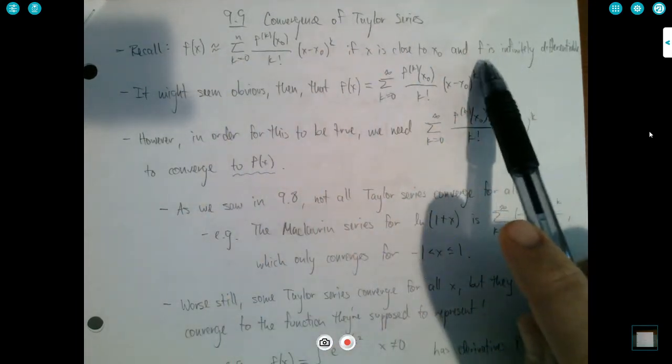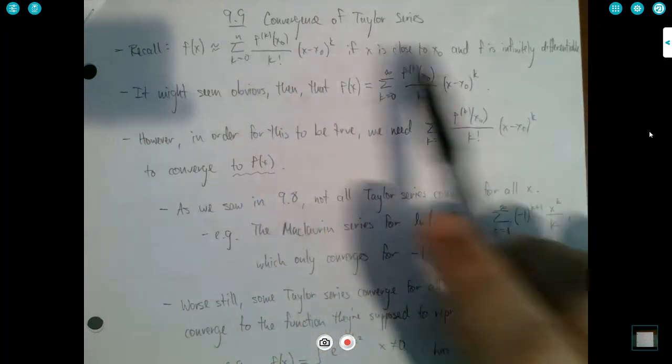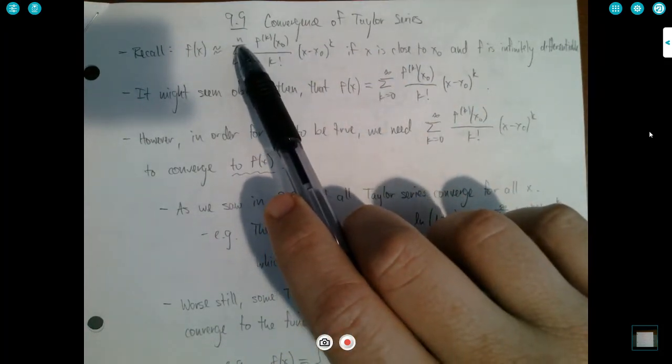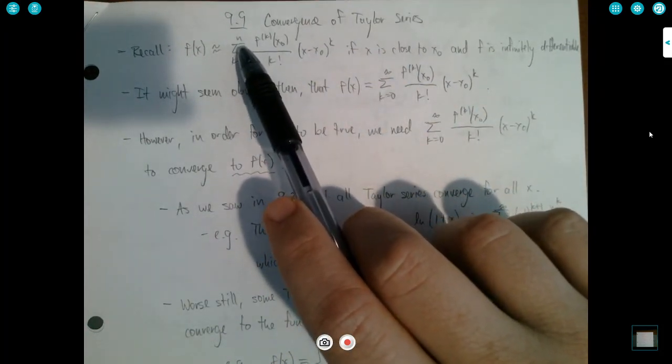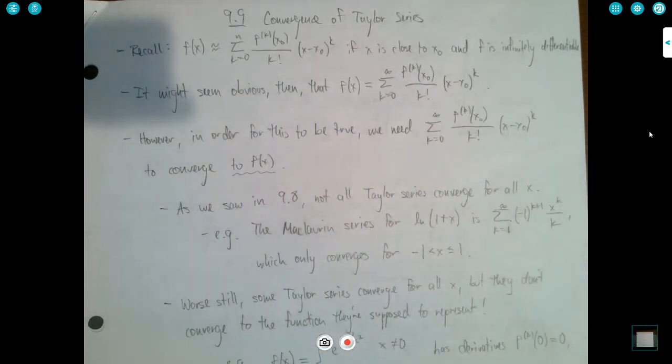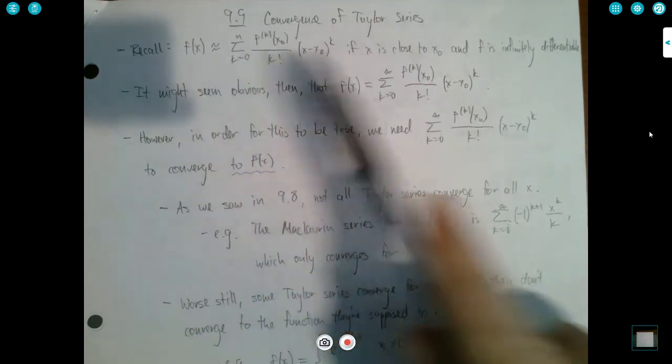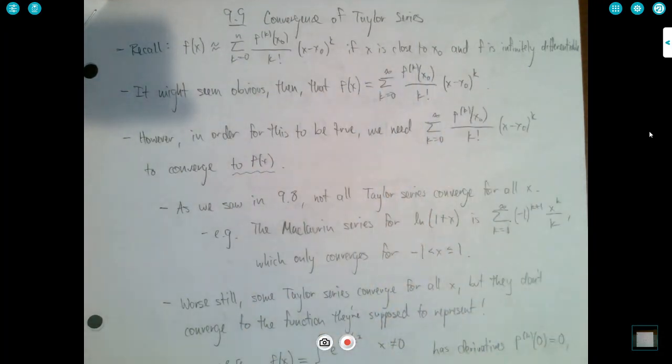So f has to be infinitely differentiable, or at least if you're doing a Taylor polynomial, it has to be n times differentiable, right? And this approximation is only good if x is close to x naught. And how close to x naught does x need to be in order for it to be good? Well, if you're talking about a series, then it needs to be within its radius, or within its interval of convergence, right?